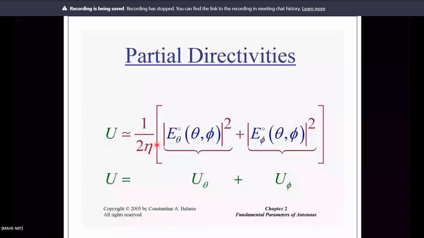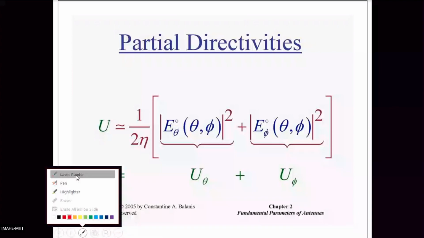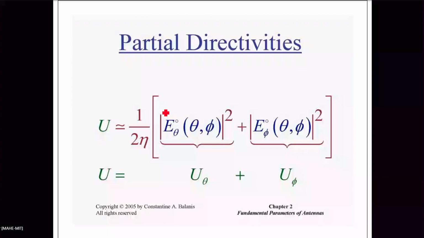Okay, U is power per unit solid angle. U is equal to, we have seen, R squared into W rad.